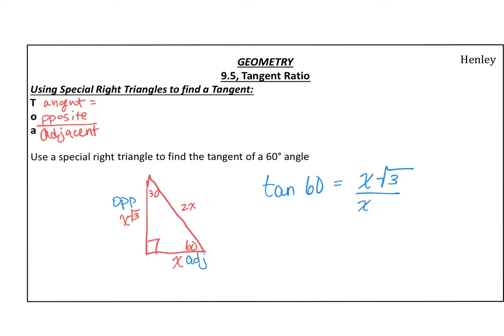Opposite over adjacent. The x's cancel out, leaving the tangent of 60 equals the square root of 3. So the square root of 3 is our answer.